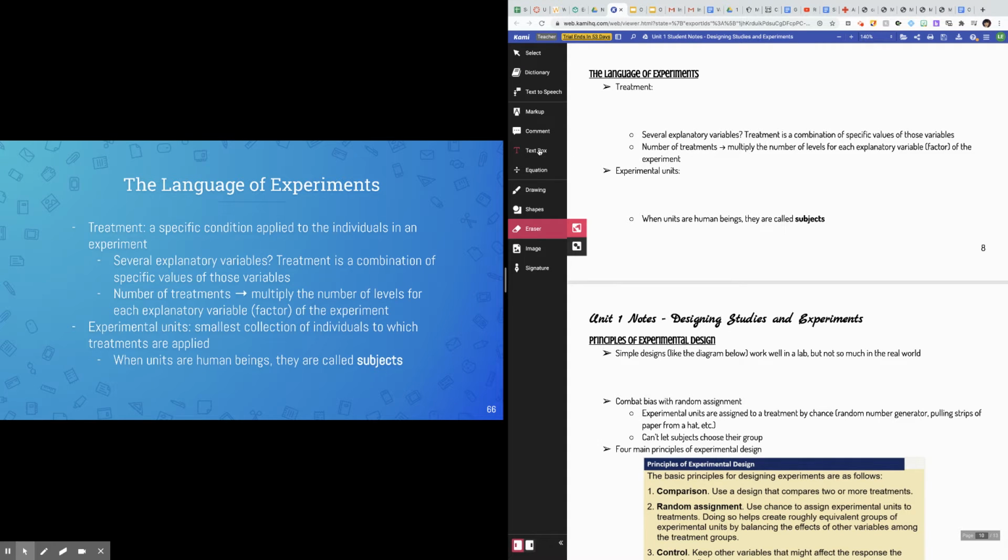All right, so in the previous video, I talked a little bit about treatments. So I want to give you an explicit definition here for what a treatment is. Okay, so a treatment is a specific condition applied to the individuals in an experiment.